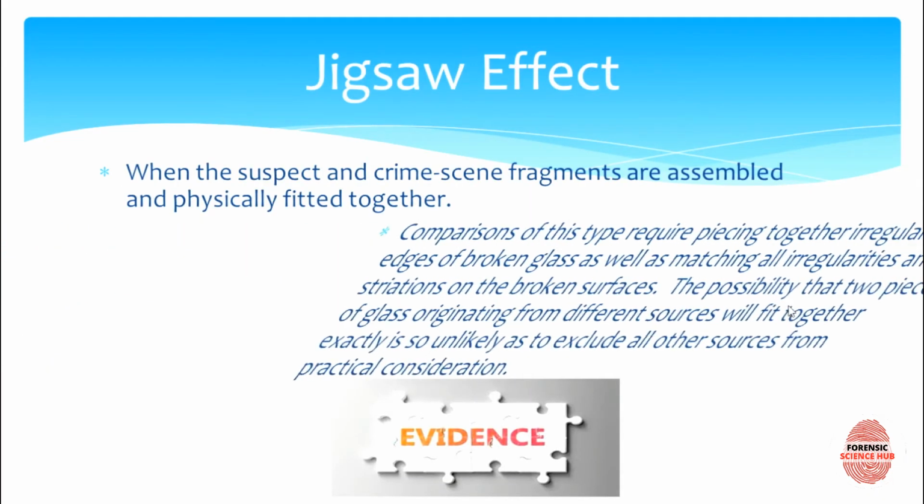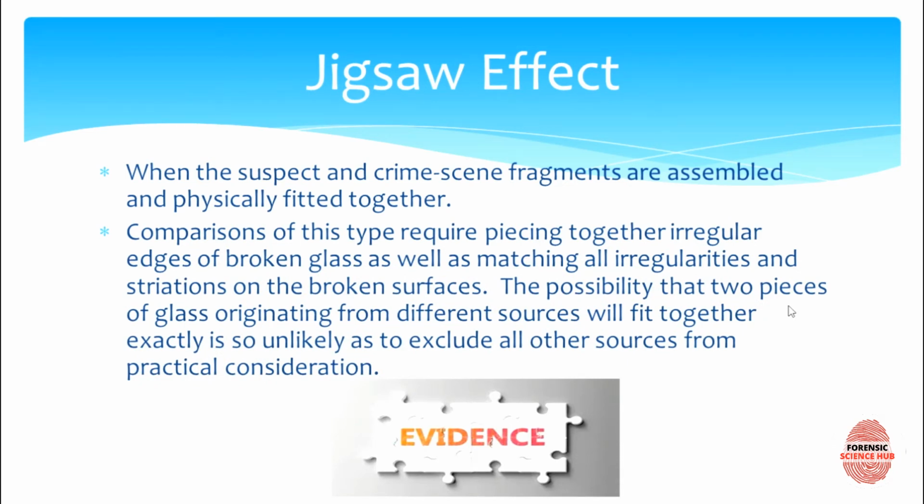So the next method is the jigsaw effect. This is like the simple jigsaw puzzles that we solved when we were kids. We just try to fit the edges of the glass. For example, if we have found two pieces of glass at the crime scene, we try to see whether the edges fit into each other or not. If they do, then they belong to the same source, and if not, then they may belong to different sources, though not conclusively, because glass is very fragile and a few pieces can fall off here and there.